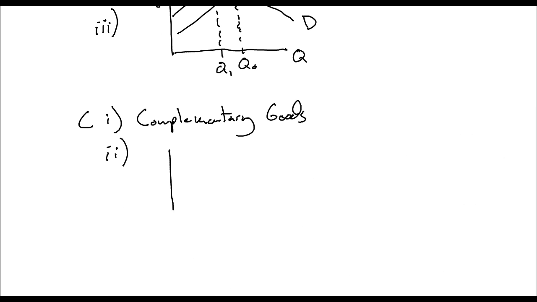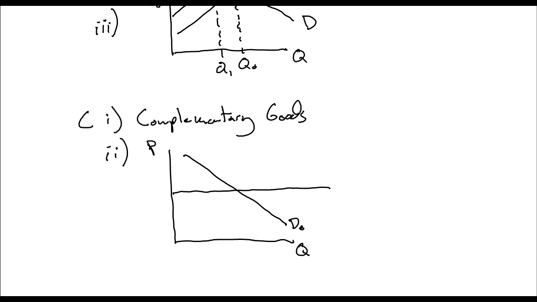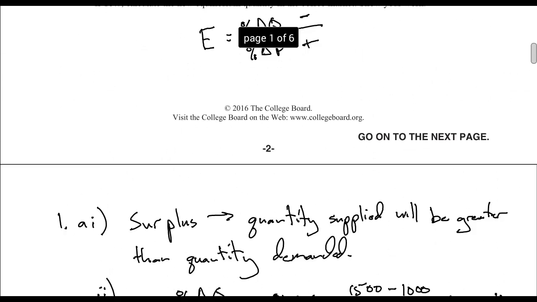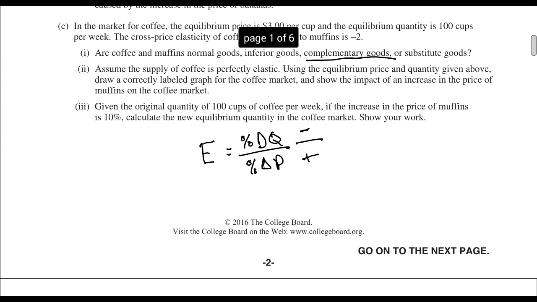As we draw these things, we always draw P and Q. We've got a regular demand curve. We'll call it D0. And we've got a perfectly elastic supply curve, so I have to draw it as a horizontal line.